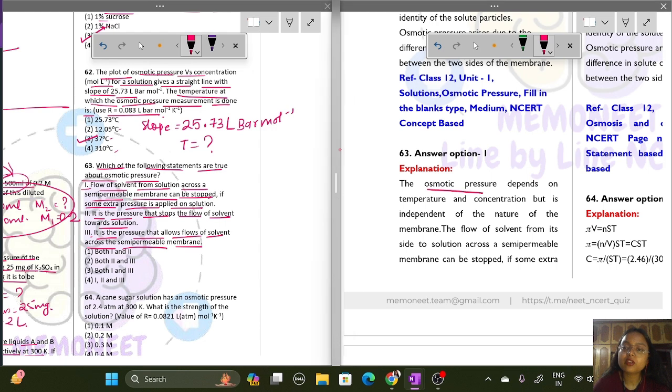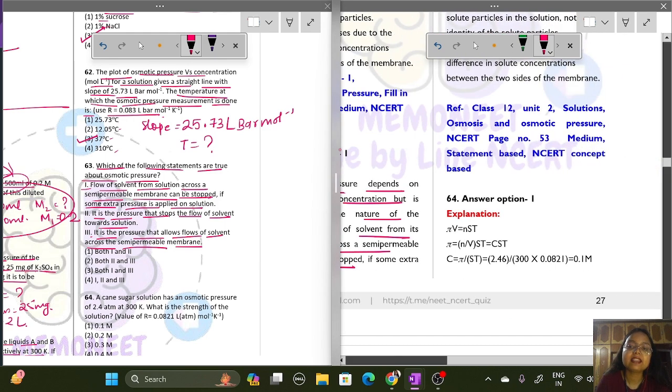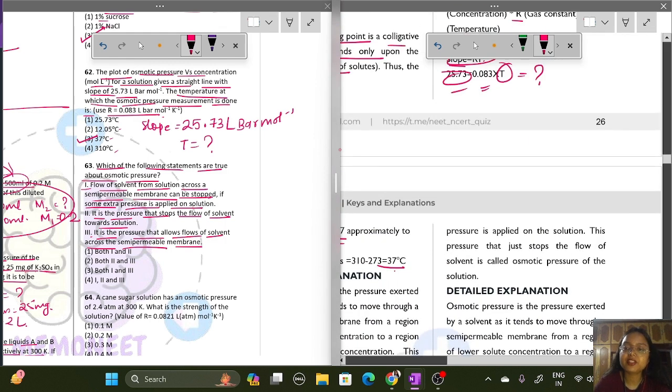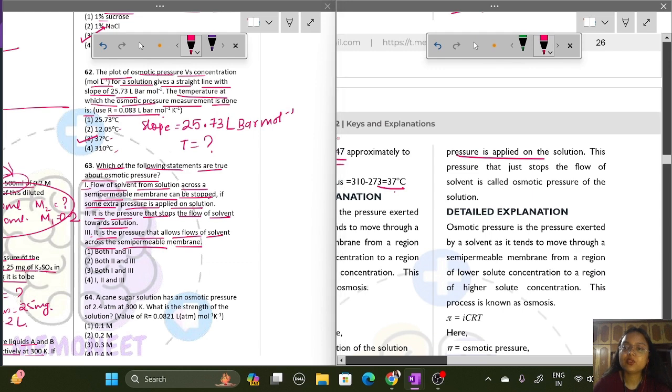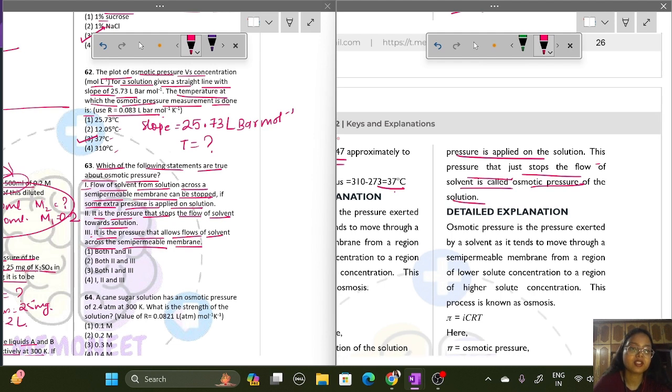Now we know that osmotic pressure depends upon the temperature and concentration, but it is independent of the nature of the membrane. The flow of solvent from its side to the solution across the semi-permeable membrane can be stopped if some extra pressure is applied to the solution. The pressure that just stops the flow of solvent is called the osmotic pressure of the solution.